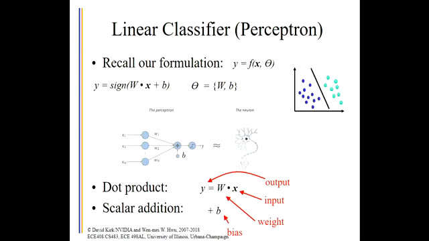Every element in the vector will have a different W, and then you do the addition with the bias B. This is a scalar, and then you determine whether it's yes or no. And this goes back, remember the age and the net worth, and the angular radius, the coordinate: the B shifts you to the middle of that little sphere, and the W gives you that R, and then you can determine whether it's in there or not.